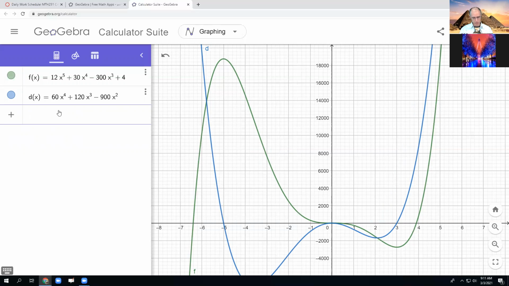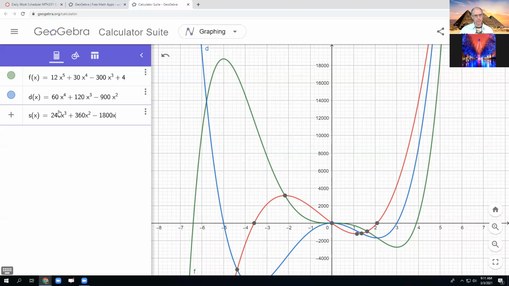The second derivative, let's call that s for second derivative. And that's 4 times 60, so that would be 240 x raised to the 3rd, plus 3 times 120, what would that be, 360, x raised to the 2nd, minus 2 times 900 would be 1800x.